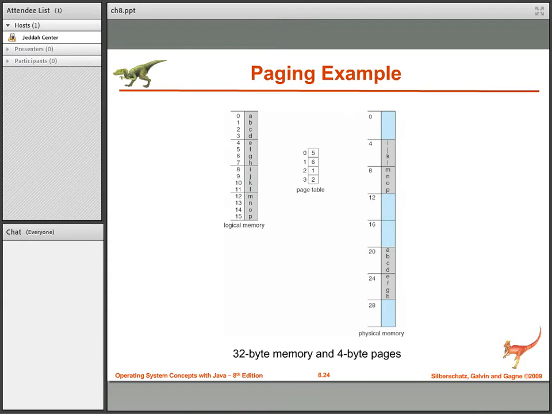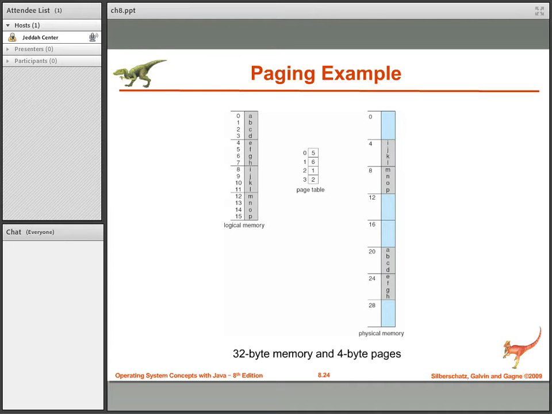Now here we have a subdivision of memories. We have 32-byte memory and 4-byte pages. On the left, you have the logical memory with its pages. Each page has 4 bytes in it.